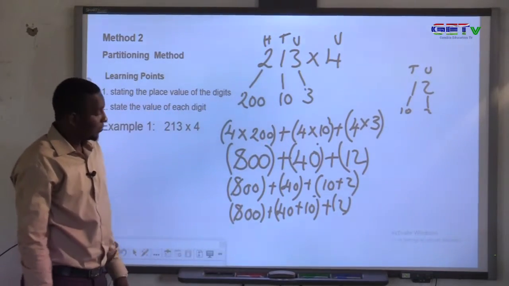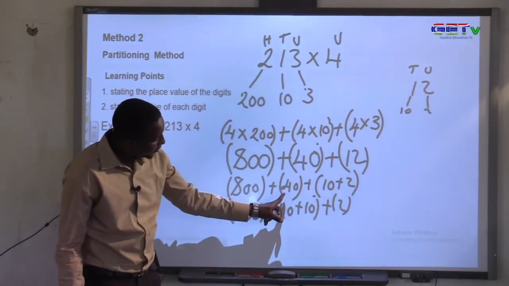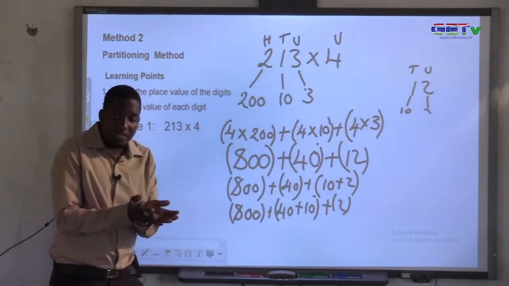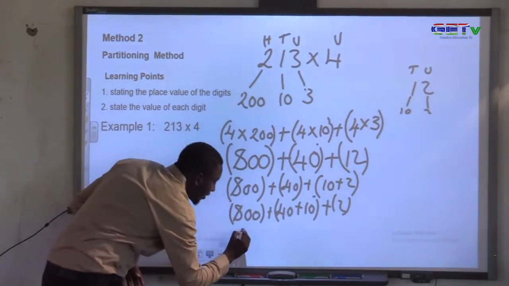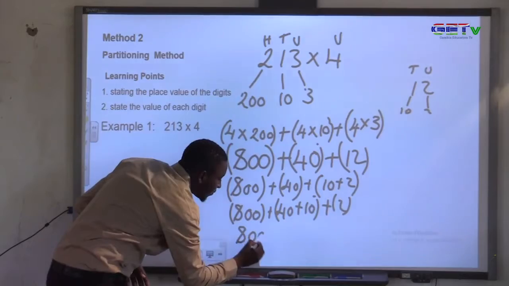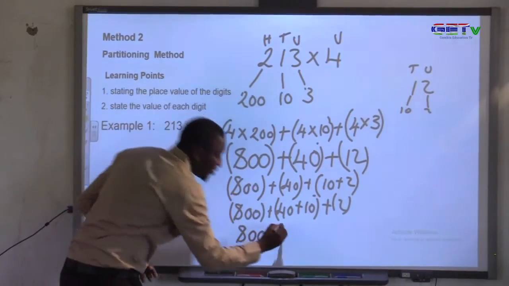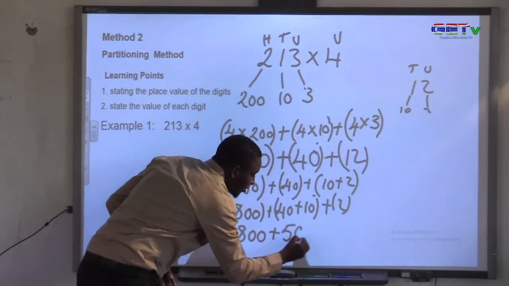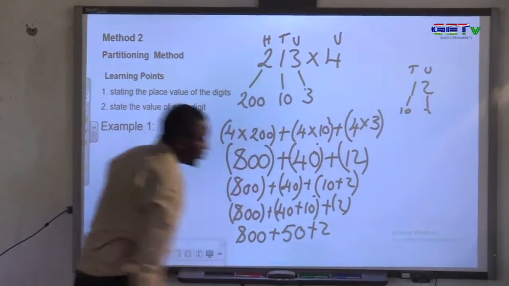Well, there is no work done. What we simply did is adding 40 and 10 together because they are all 10s. So when we add that, we are going to have 800 plus 40 plus 10 is going to give us 50, and then we have plus 2.